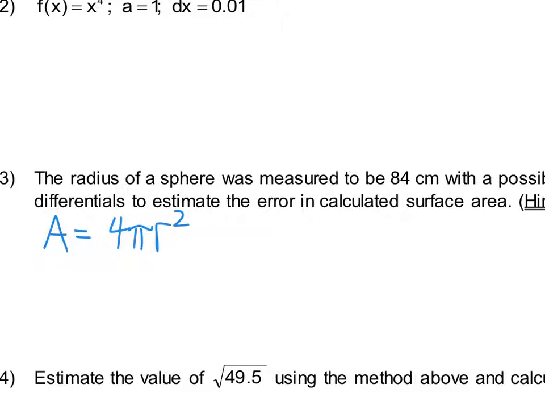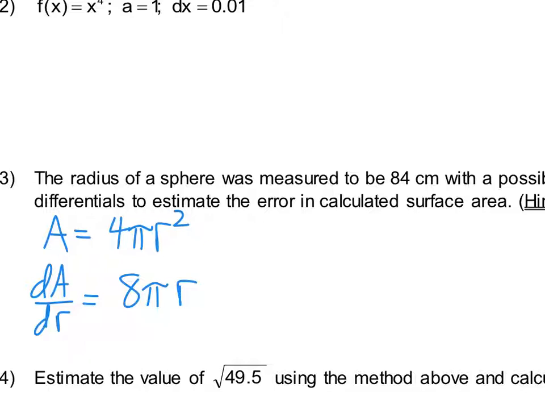If we're going to use differentials, it would require us to differentiate, aka take the derivative. Right? So dA dr, instead of x and y, would be equal to 8 pi r. All right, you can write it as A prime if you want. Doesn't make a difference. So it's really, again, just a differential form.